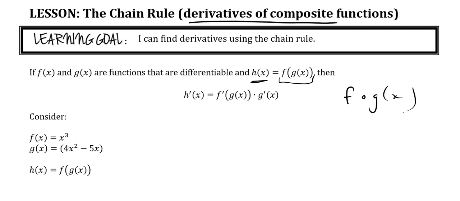Remember that from MHF? That's just a different notation. Then the derivative of h is the derivative of f multiplied by the derivative of what's inside, so of g in this case.